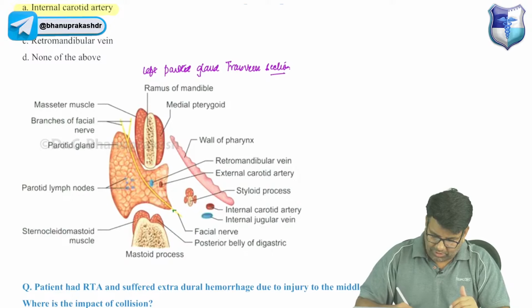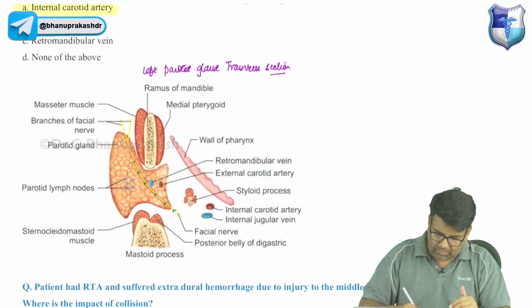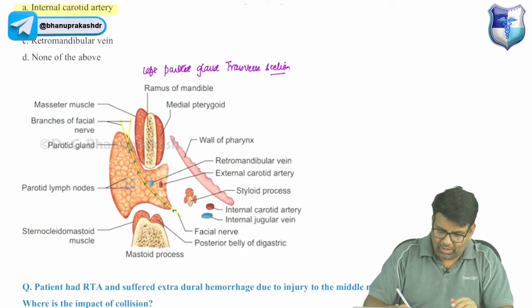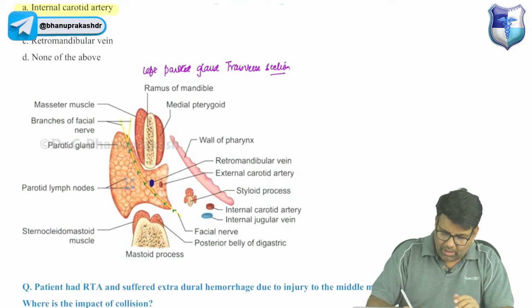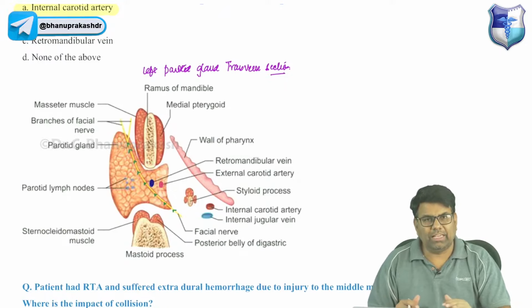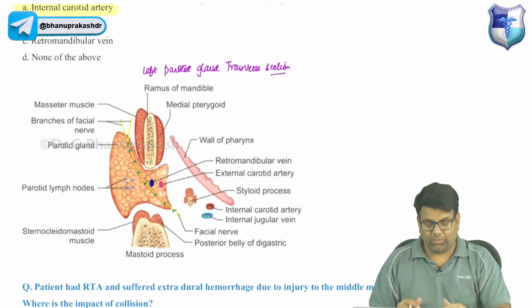This is the facial nerve, and it travels through the substance of the parotid gland and then divides into its 5 terminal branches. Number 1. Number 2, you can see the retromandibular vein. And third, you can see the external carotid artery. So 3 structures you can see in relation to the parotid gland.